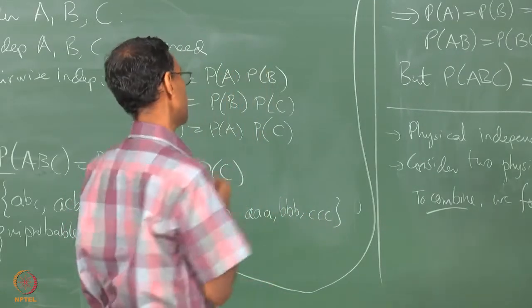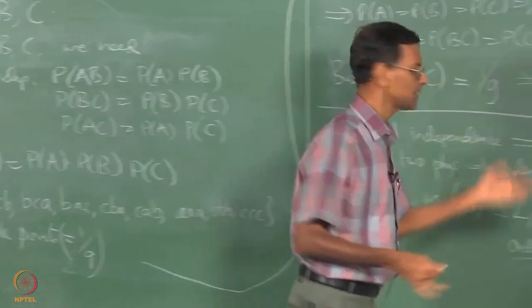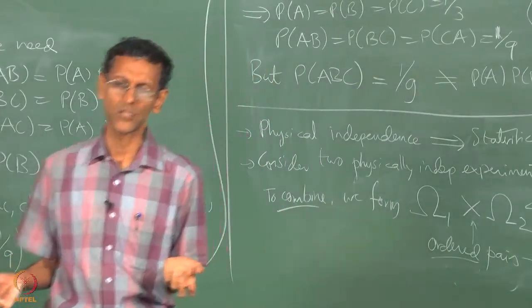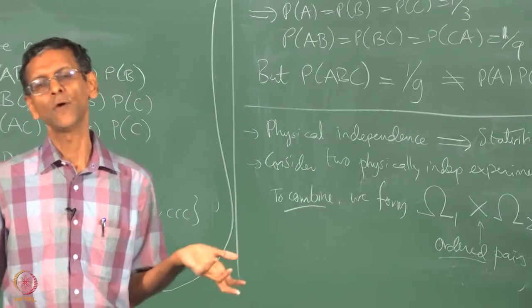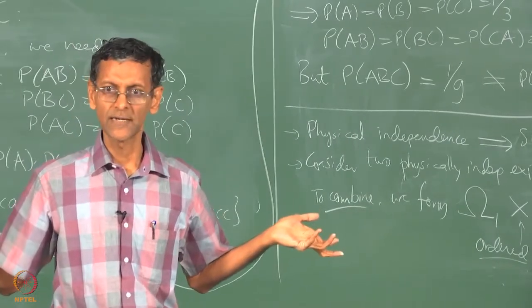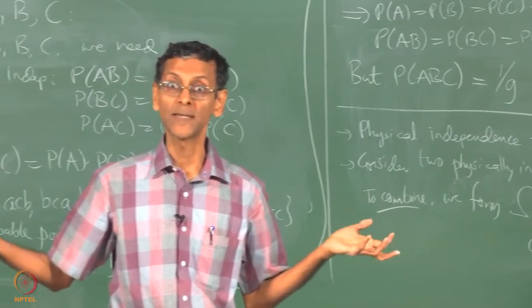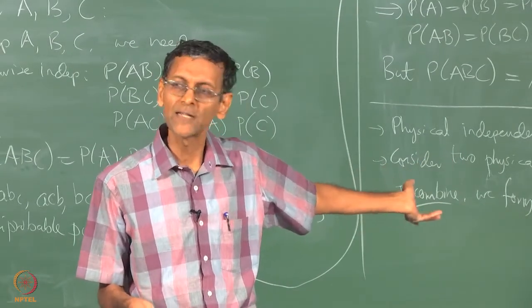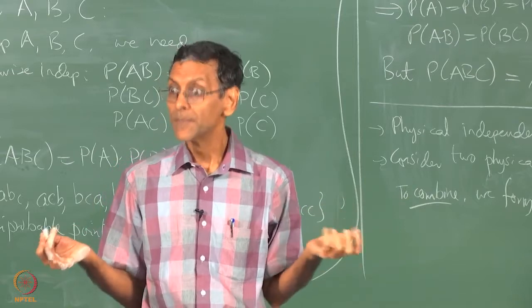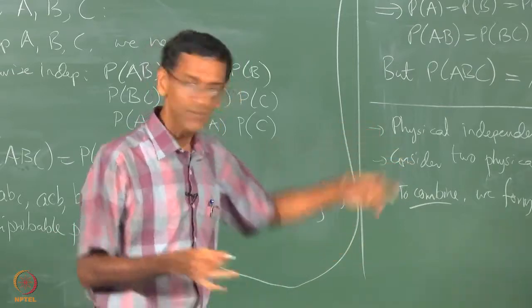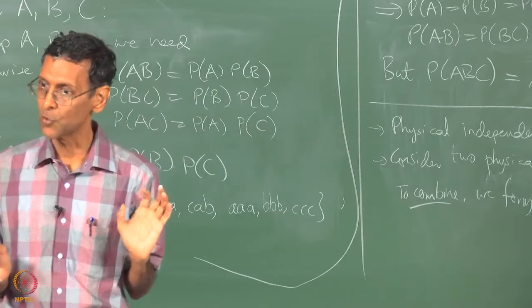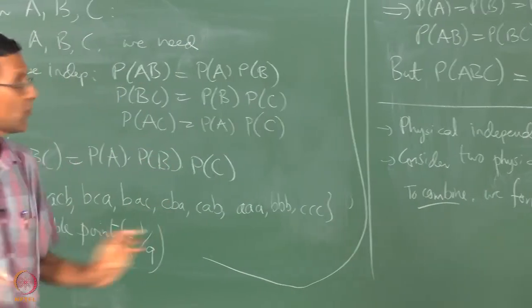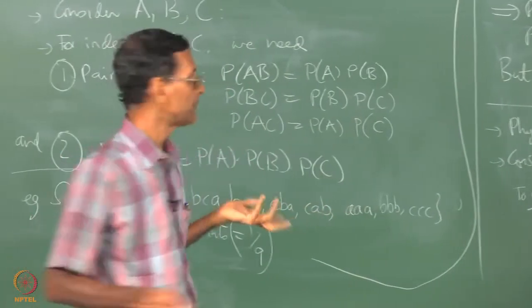And the same kind of thing also happens in the uncountable case. If you have two random number generators or two spinning pointers, there is no bar on taking a Cartesian product of any two sets. So at this point we are just simply combining the two sets, capital omega 1 and omega 2, to form this new set omega.